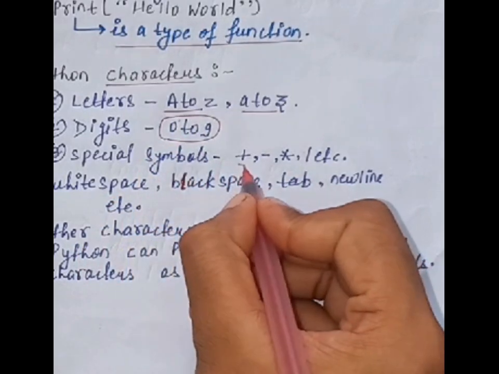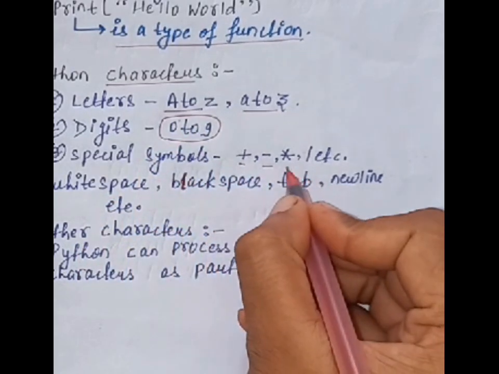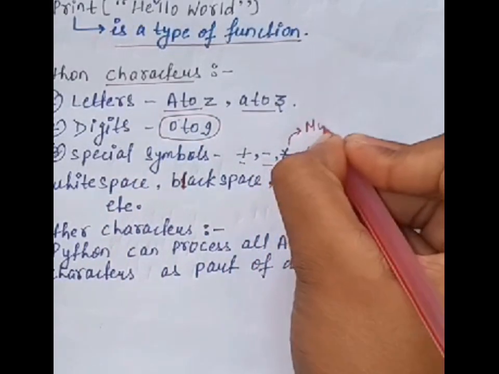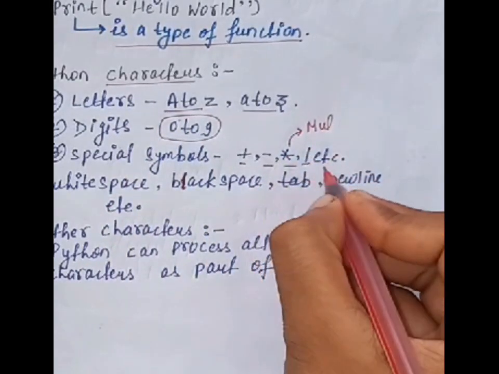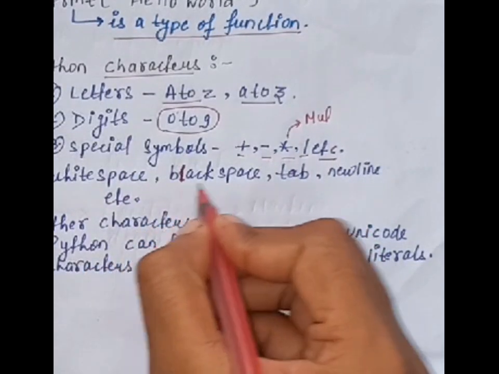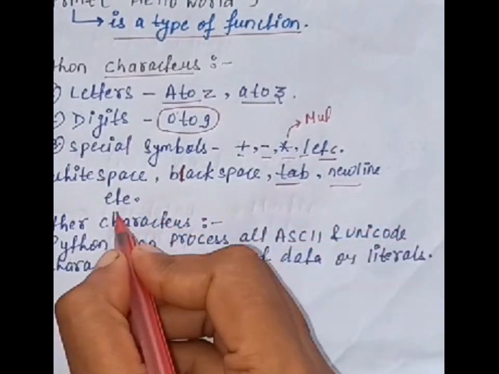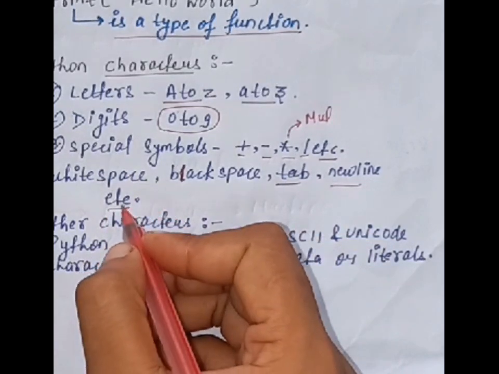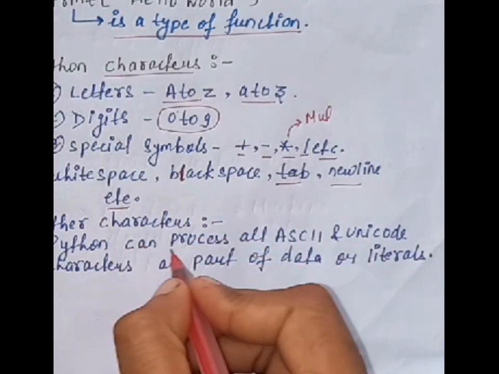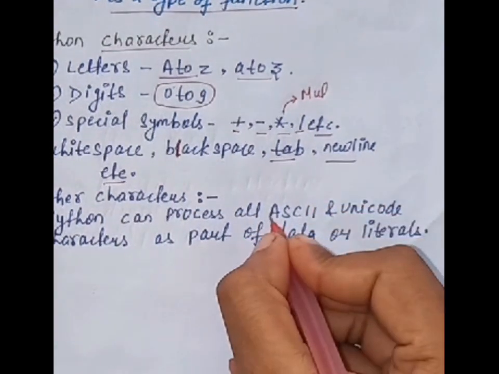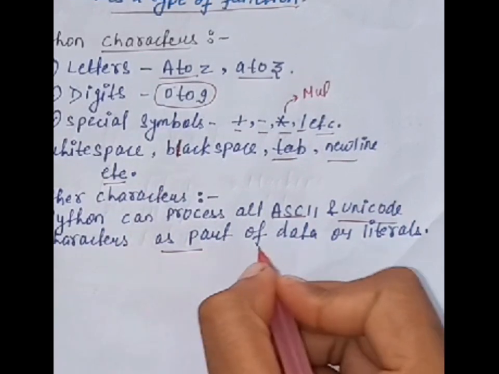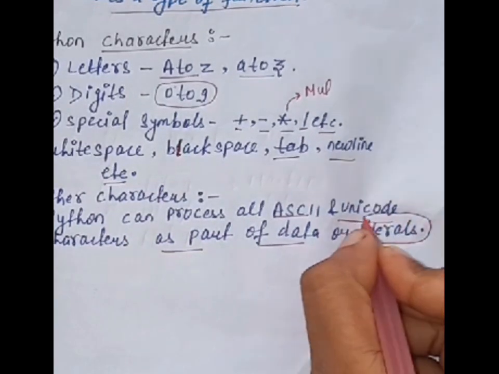Special symbols: addition, difference, asterisk is used for multiplication, division, etc. White space, backspace, tab, new line, etc. These characters we can also use in Python. Python can also process all ASCII and Unicode characters as part of data or literals.